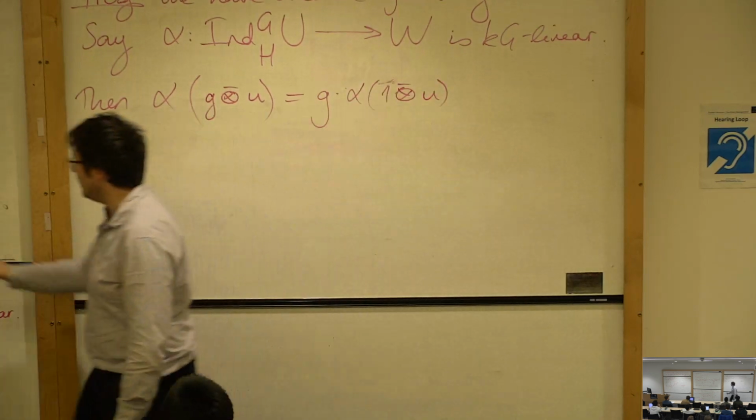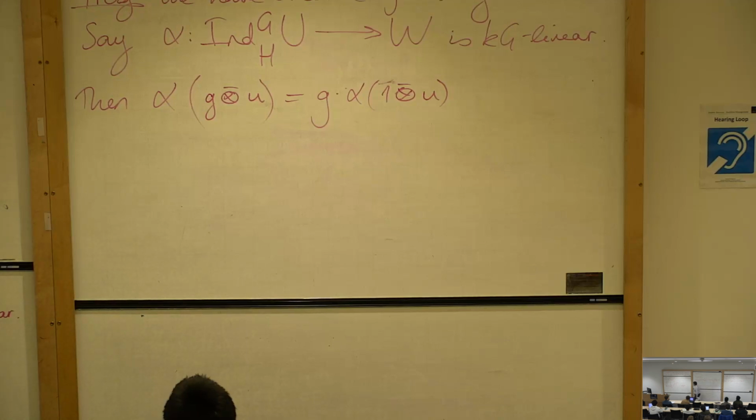But you see, this thing here is actually H-linear, so really I could have put a restriction of the induction back down to H here. This map here is a homomorphism of H modules. How does H act on this? H dot 1 tensor bar U is H tensor bar U. But I can move H across as long as it's in H. That was lemma 6.5. 1 tensor bar H U. And this guy here is a homomorphism of H representations.